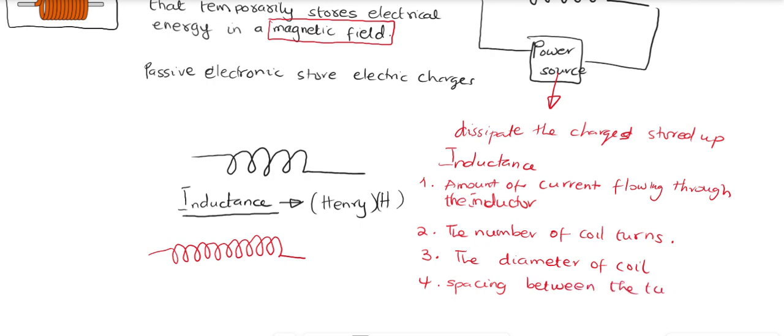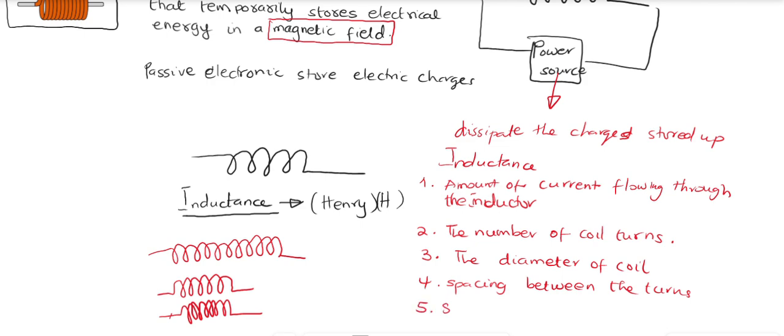I want you to go and find out what will be the influence on the inductance if they are evenly spaced, and if they are densely packed, so they are very close to each other, I want you to also look at what would happen in that situation.